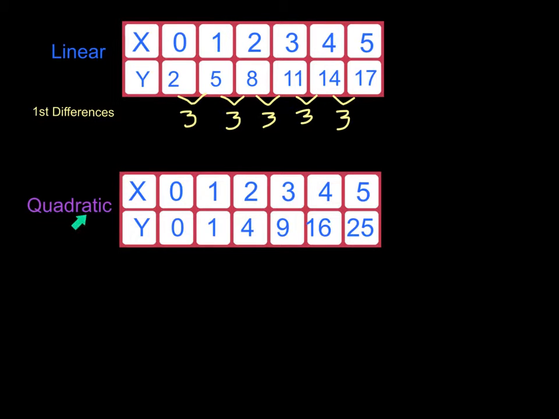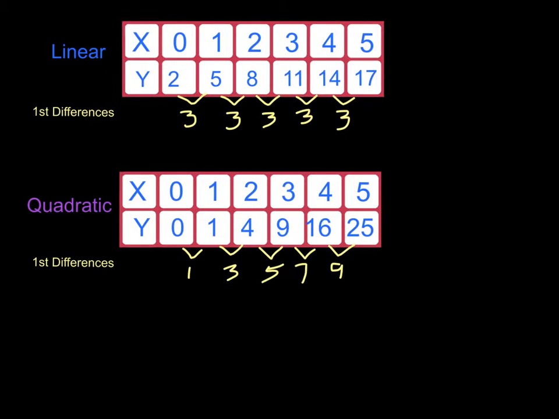This is not the case with quadratic data. When subtracting consecutive numbers of quadratic data, you can see that the first differences are definitely not the same. However, there's a very interesting pattern going on here. Going up 1, then going up 3, then going up 5, then going up 7, then going up 9. It's always going up by the next odd number in this case.